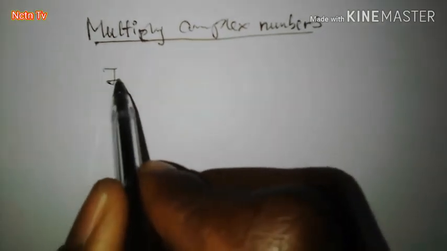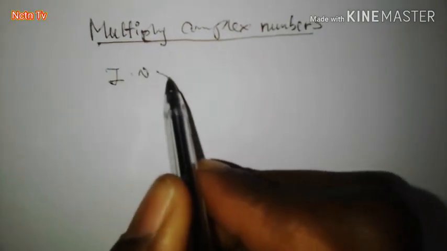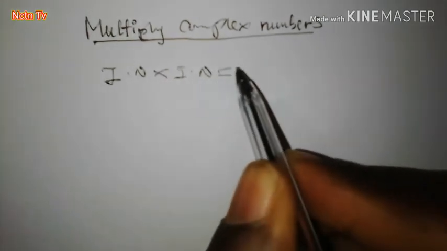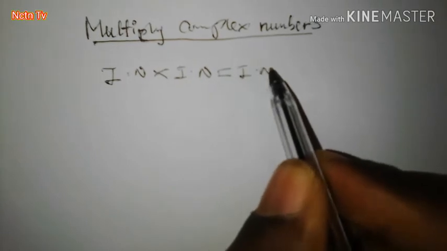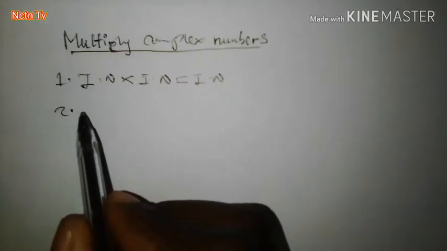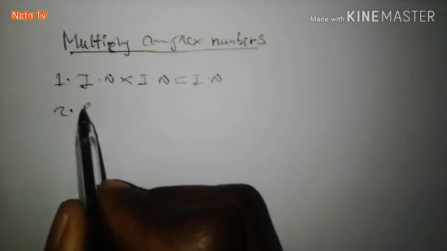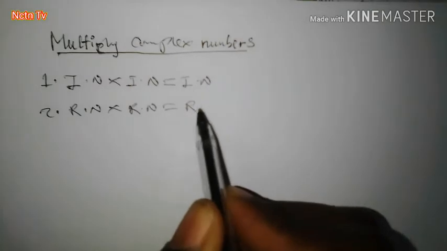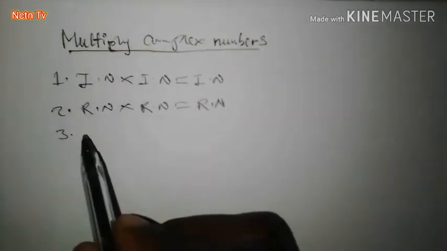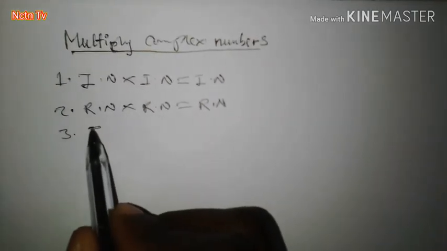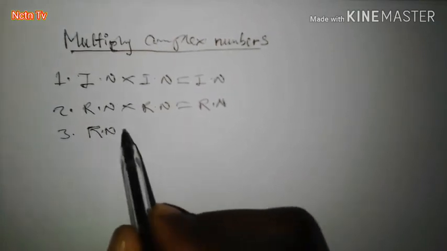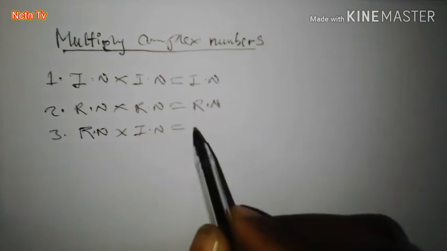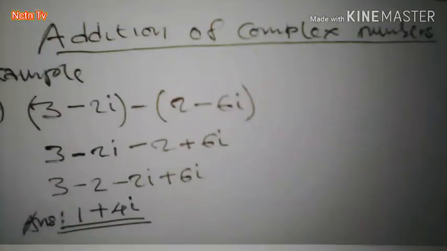When multiplying an imaginary number times an imaginary number, we are going to get an imaginary number. The second one is that a real number times a real number is equal to a real number. The third one is that a real number times an imaginary number is equal to an imaginary number.